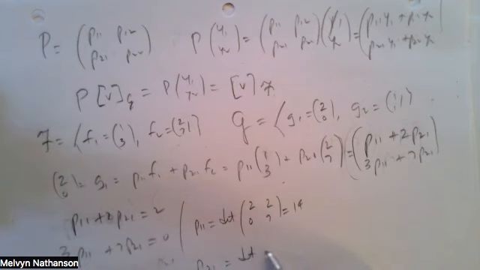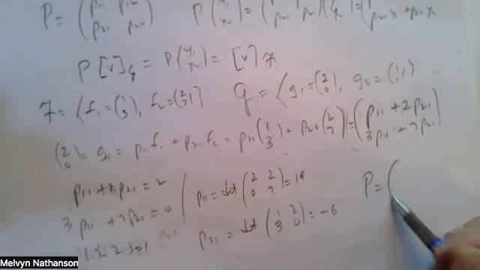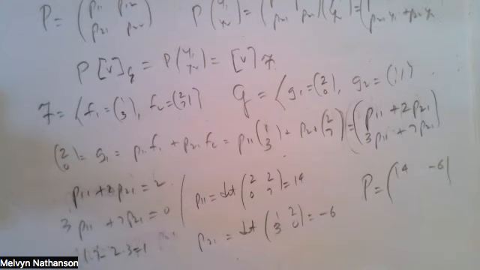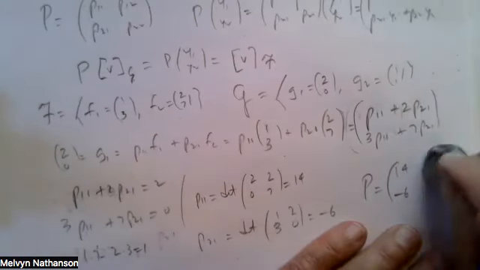P21 is the determinant of (1, 2, 3, 0), which is minus 6. Let's see if this works: 14 minus 12 is 2, 42 minus 42 is 0. So this is P11, this is P21, the coefficients. The first column of the matrix P is 14, minus 6.